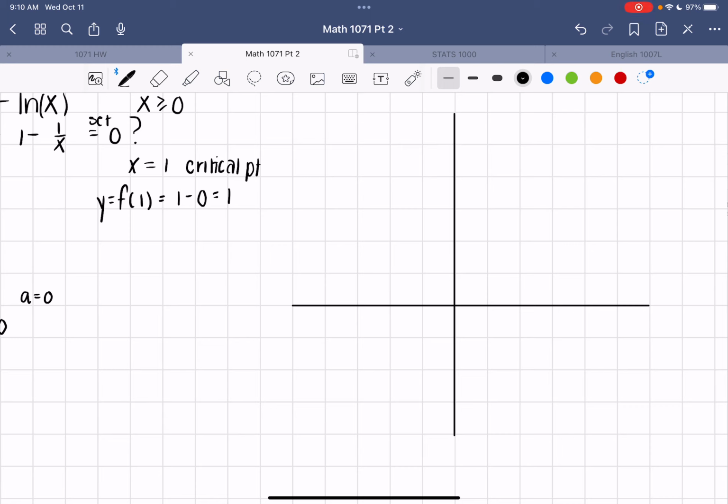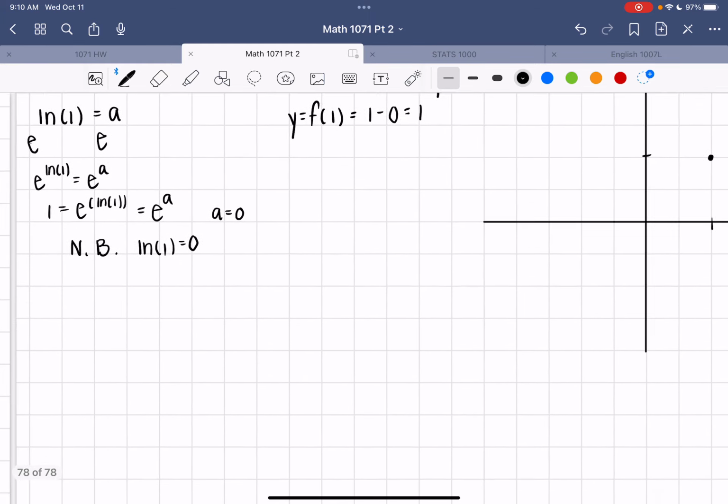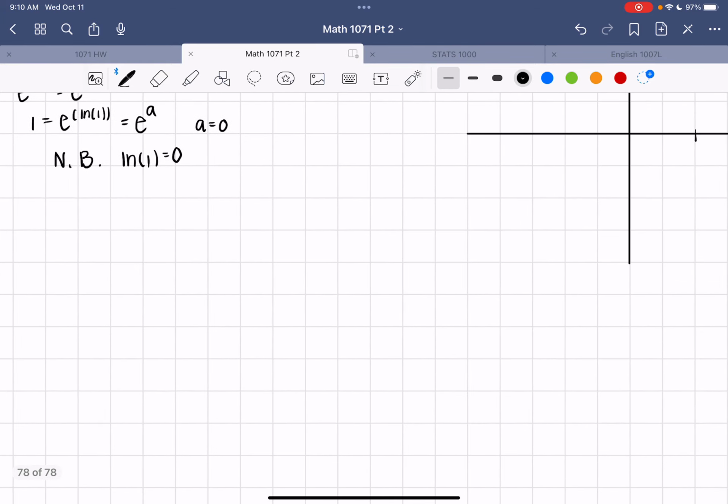And so 1 point, you got 2 intervals. Let's do our shape intervals. Over each interval, we're going to test the first derivative at one point to conclude something about the shape.